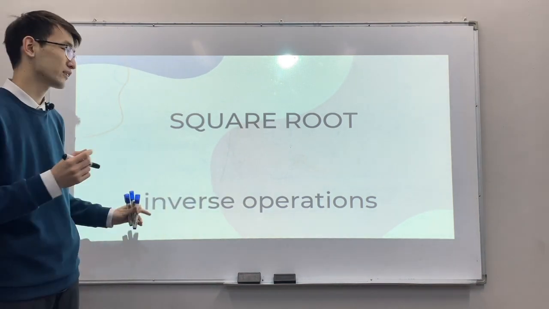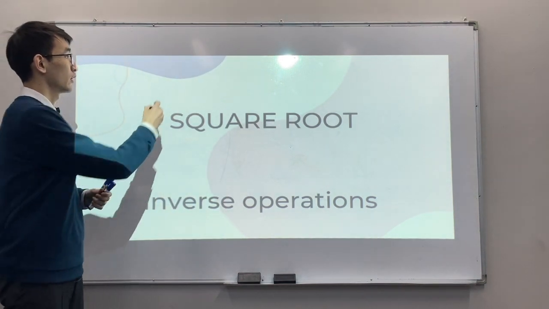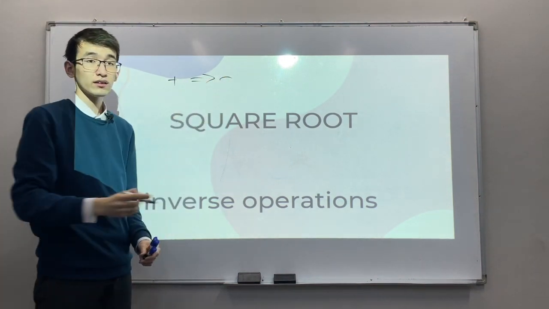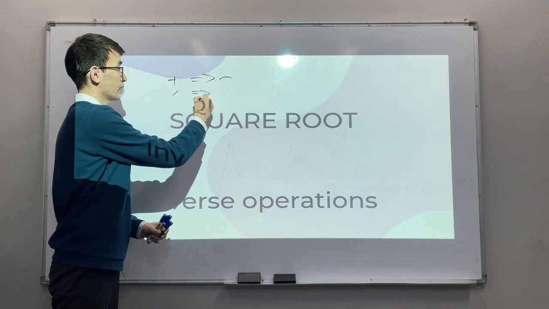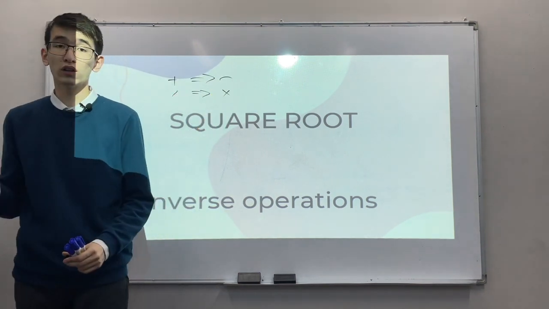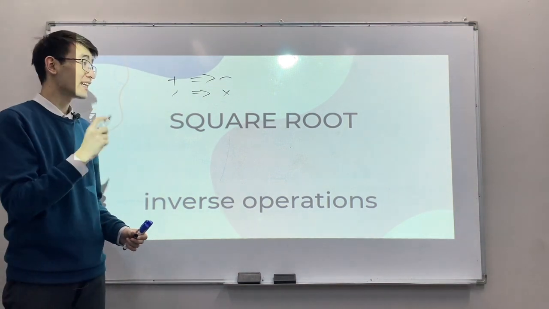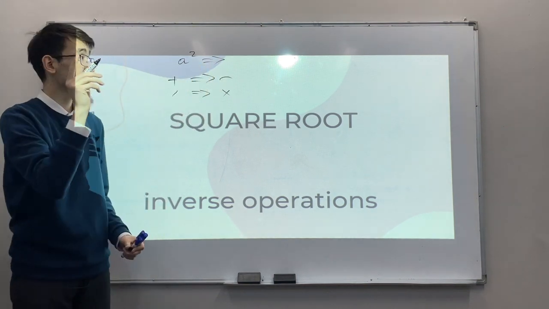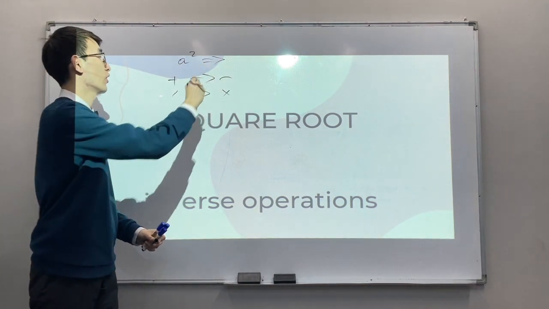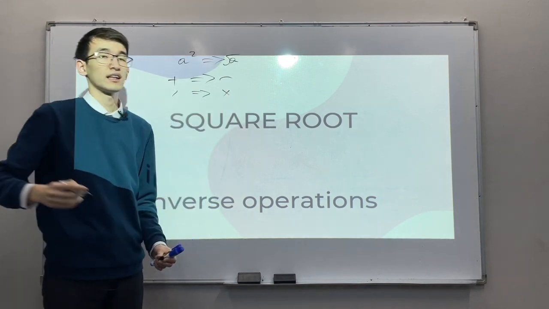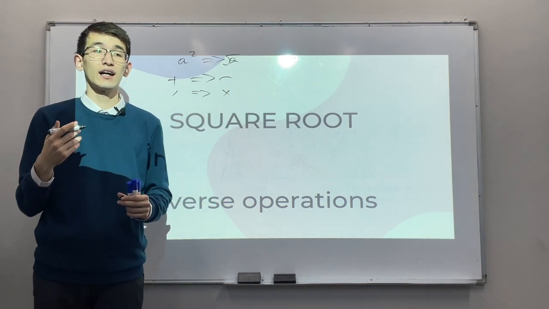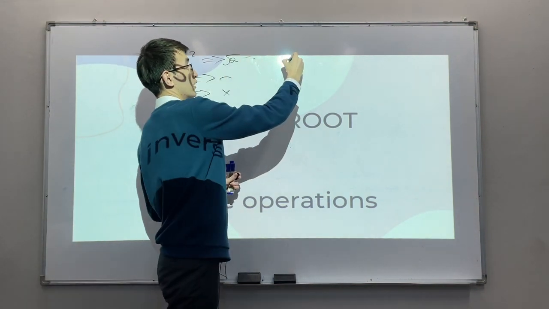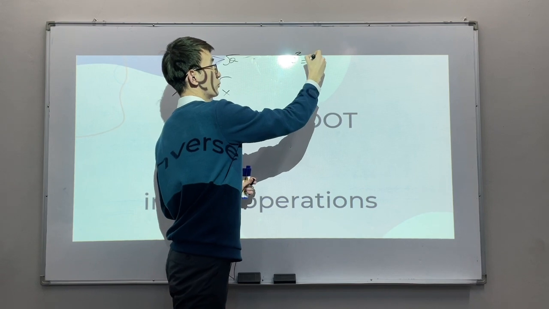In math, we have some operations, for example plus, and for it we have an inverse operation like minus. For division, we have multiply. That's why for squaring a number, we have the inverse operation of finding the square root of a number. In other words, the definition can be written like this: a squared equals b.